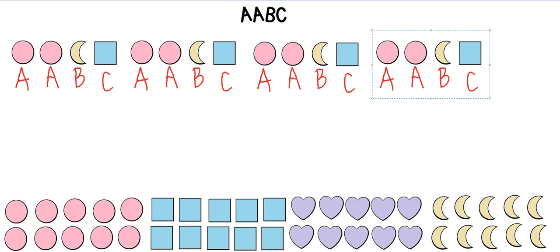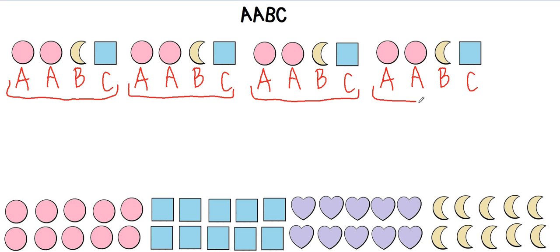And you guys can see that core being repeated right here, which matches what we have here, A, A, B, C.